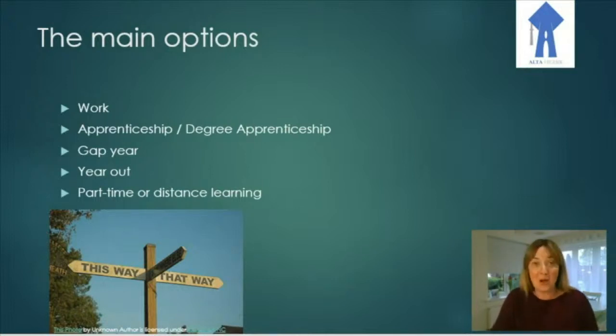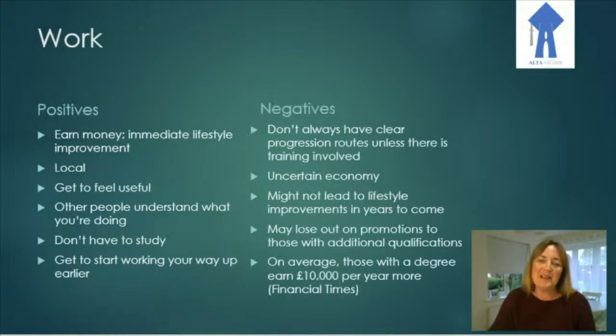So we are talking about quite general topics today, but hopefully it will give you an idea of some of the general principles, general positives, general negatives that you need to weigh up and think about when you're looking at your options, really. So I've listed a few of the options here, the most obvious one being going straight into the world of work. So let's have a look at that straight away.